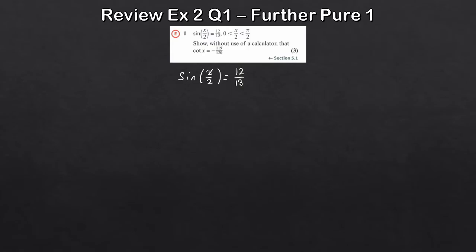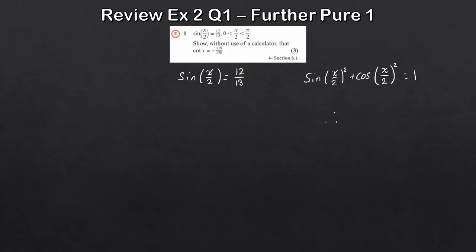So how would we do that? Well, remember, sine x over 2 squared plus cos x over 2 squared is identical to 1. Okay, so just rearranging this formula now, I can work out cos x over 2 here.